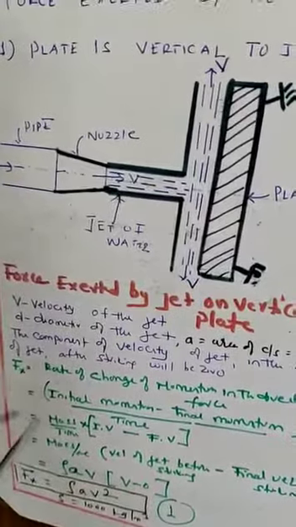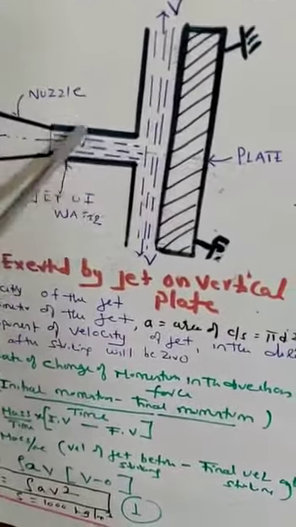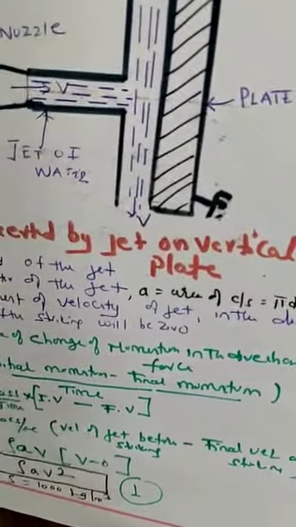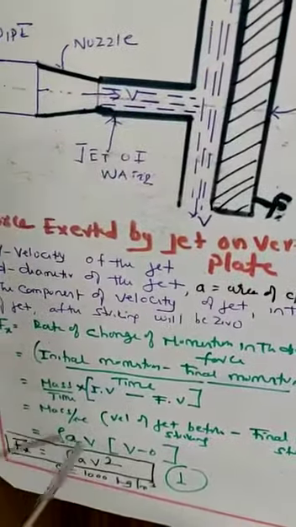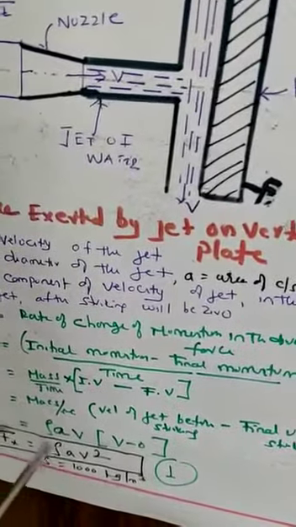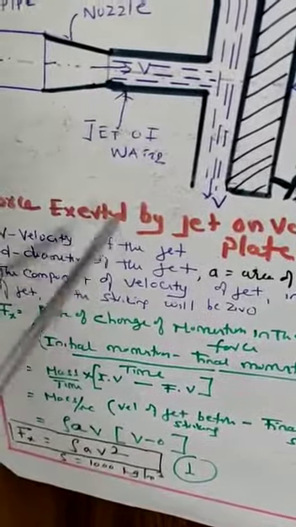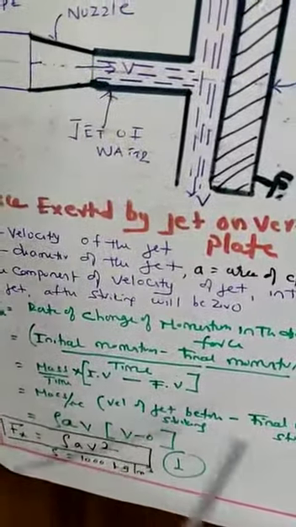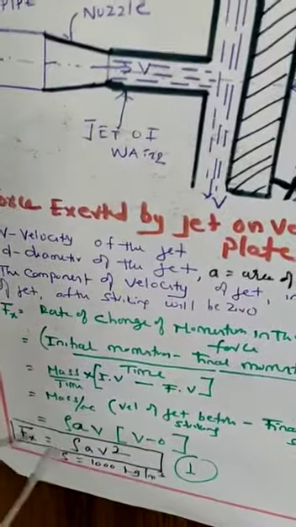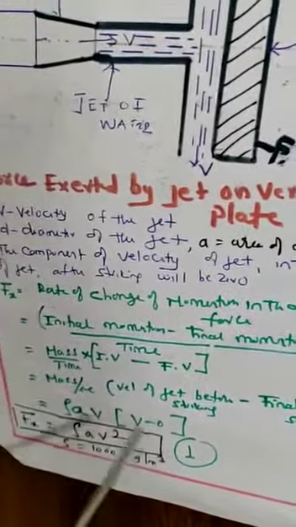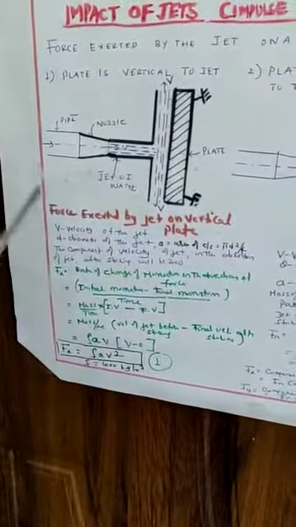Mass per second is rho A V, where rho is the density of the fluid, and velocity before striking is V, and velocity after striking is 0 in that direction. Hence the equation is Fx equals rho A V square, where rho is 1000 kg per meter cube. This is the force exerted by the jet on a plate which is vertical.